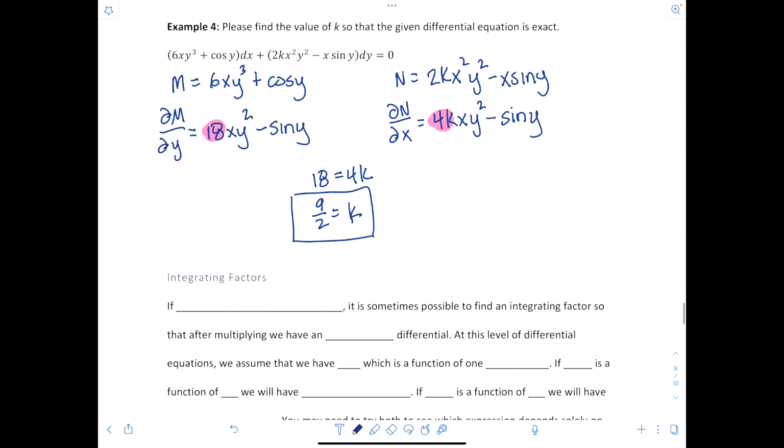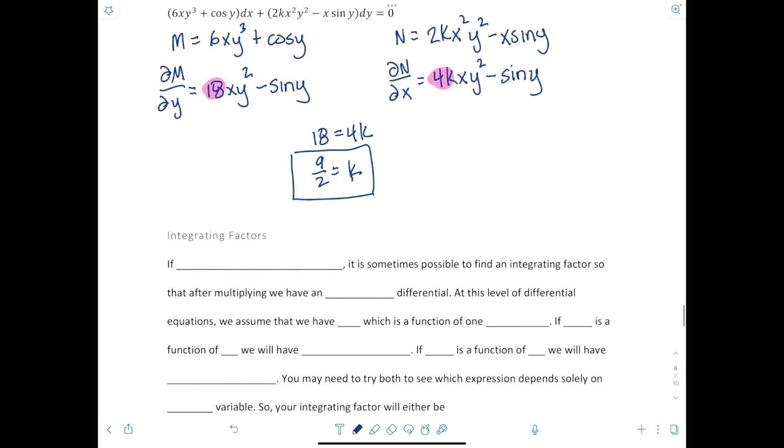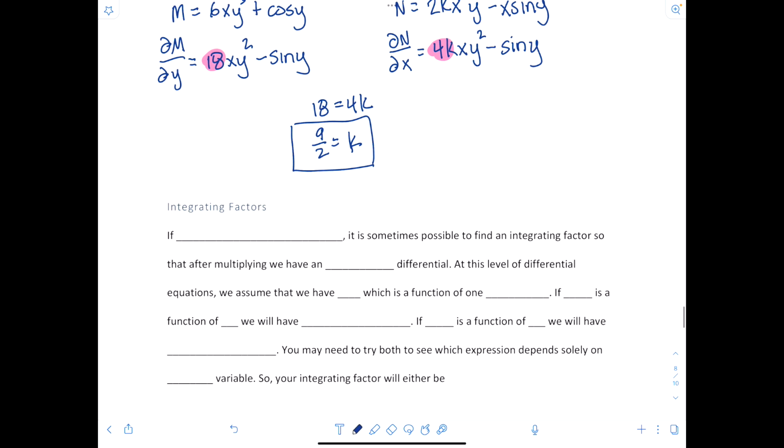So using integrating factors in an exact differential equation problem can be challenging. I'm going to try to keep this pretty low key, okay?